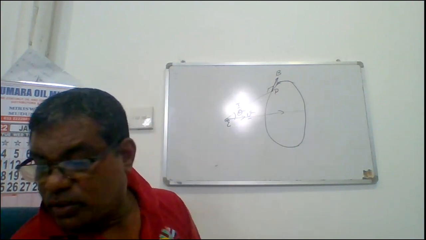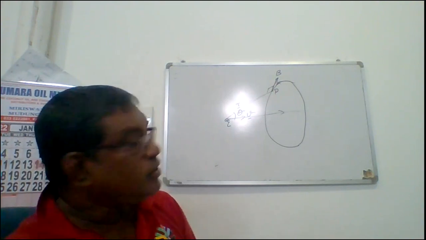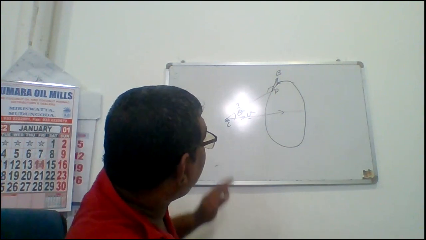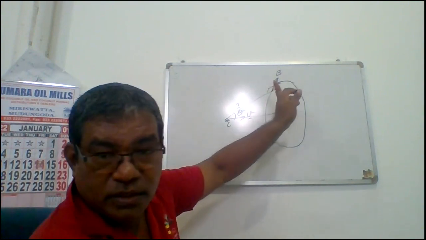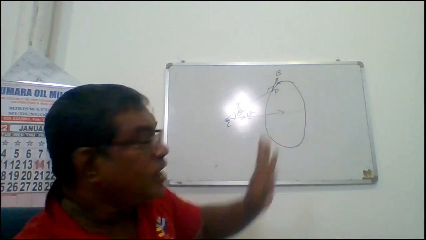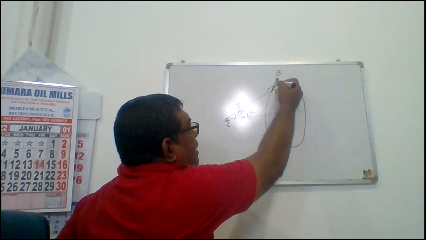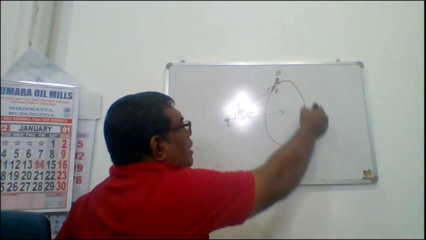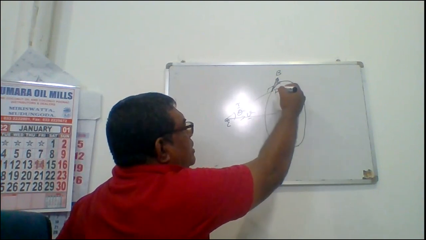That angle is called theta, right? Now you can see the magnetic field is perpendicular. It is in the tangential direction. This is actually the field line, right? If I draw it somewhere there, it is in this way.